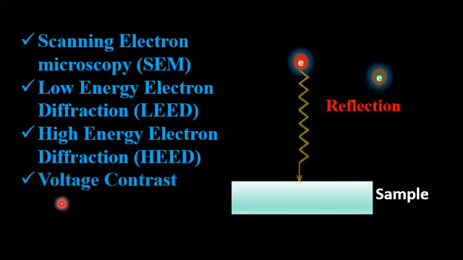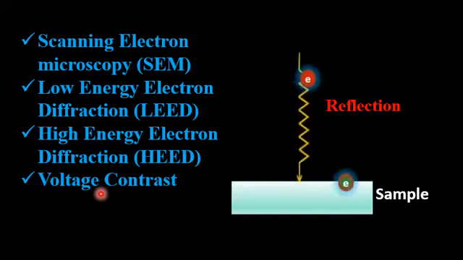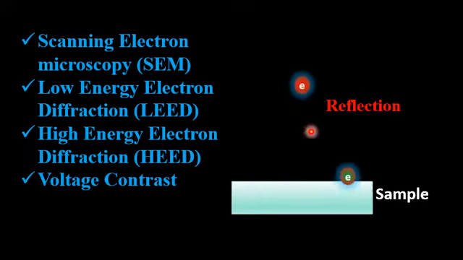And voltage contrast can also give you information about the surface electronic properties, and this is also based on reflection of a secondary electron from a metal or from a specimen surface.